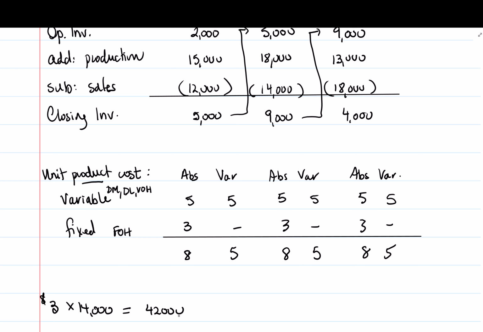They said fixed manufacturing overhead cost is $3 per unit and is applied to units of product on the basis of production volume. The $3 is based on budgeted production of 14,000 units per month. So in essence, they're budgeting for 42,000.